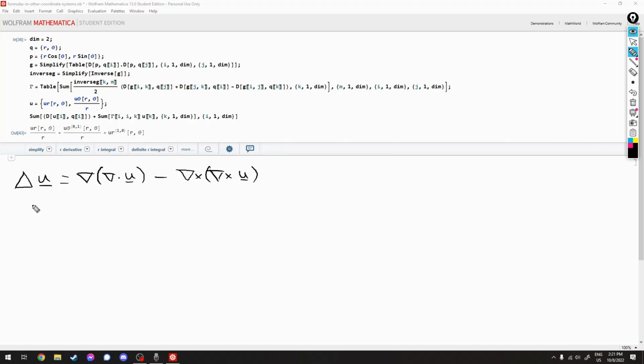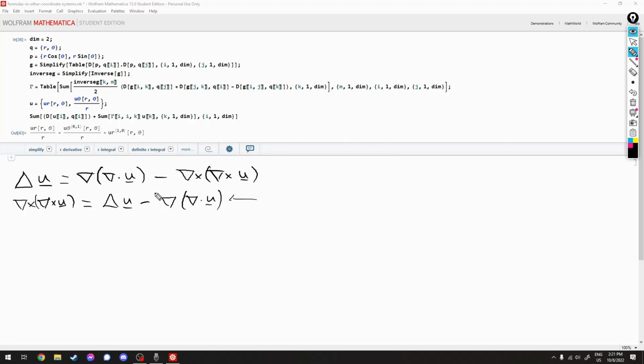Or you might see it equivalently written as the curl of the curl of u is equal to the gradient of the divergence of u minus the vector Laplacian of u. This form actually makes a little more sense intuitively, but you'll see both.